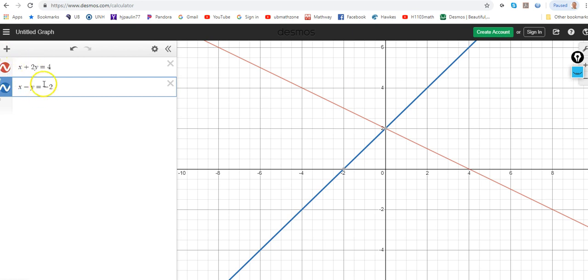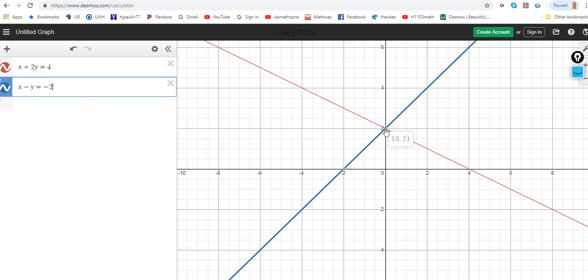Now notice as I put that in, the second line formed. And you see they are intersecting at 0, 2.